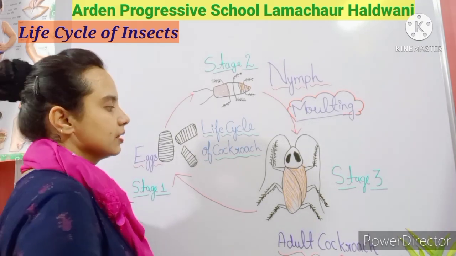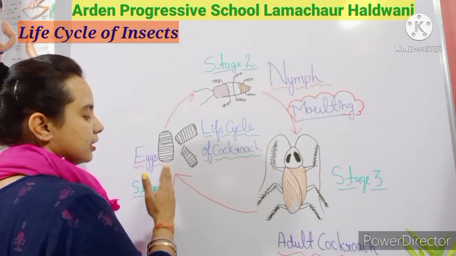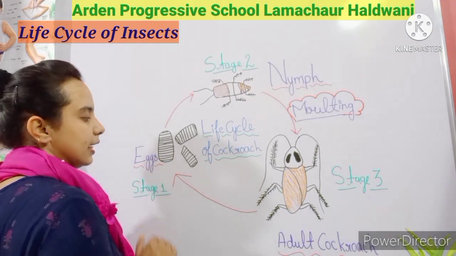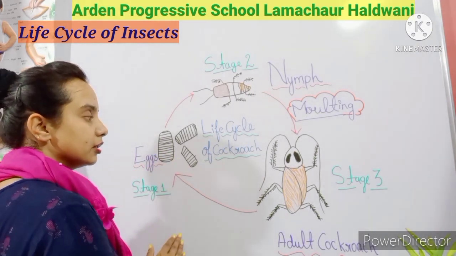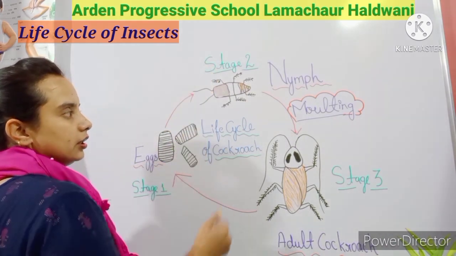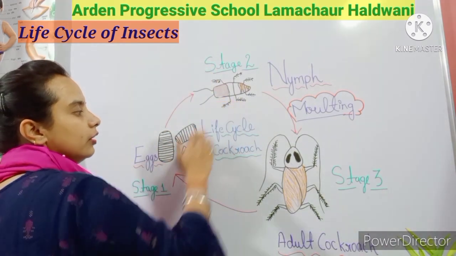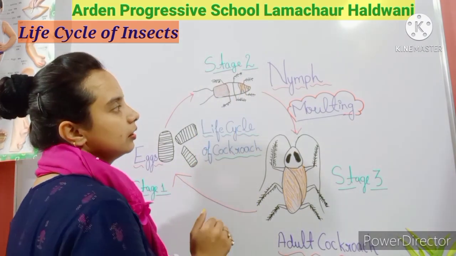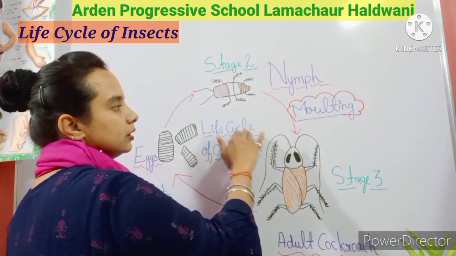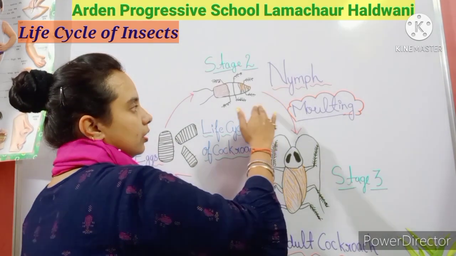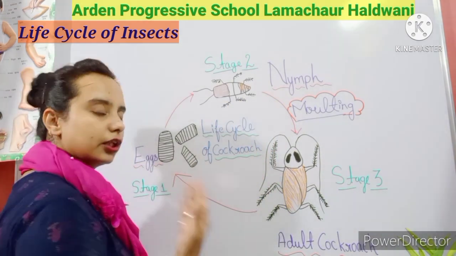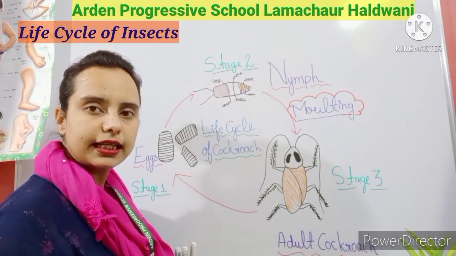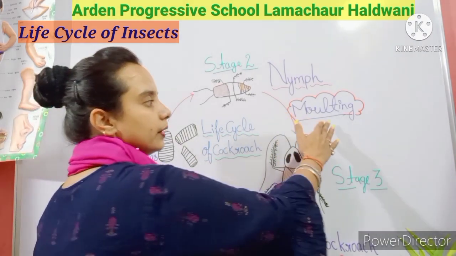So the first stage is when the female cockroach lays eggs. When the egg hatches, it goes to the second stage, where the nymph develops from the egg. In this stage, the nymph continues, and the baby insects shed their skin, and the process by which the baby insects shed their skin is known as molting.